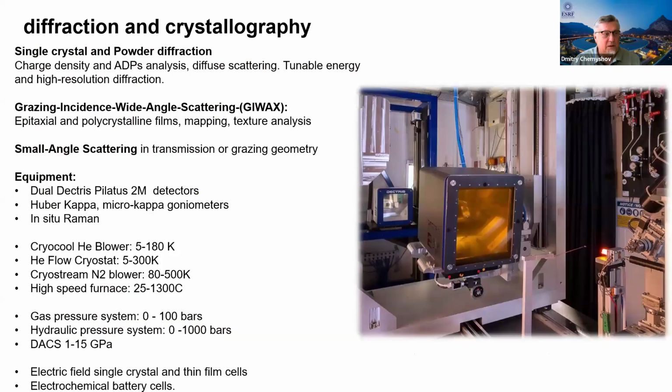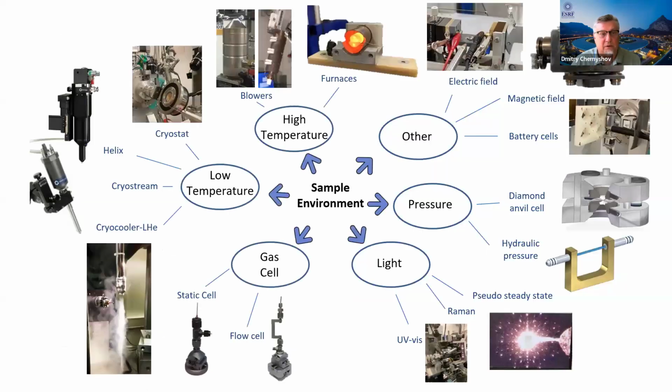All these techniques can be used separately or in combination, also with a variety of in situ and operando regimes. The equipment we have is basically a diffractometer with two detectors, a variety of goniometers, auxiliary in situ Raman, and a lot of tools which can control and realize different conditions on the sample. This is something we consider very important. Look at this collection.